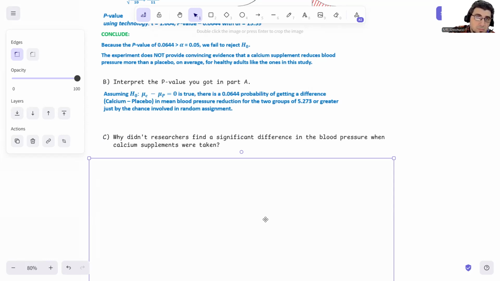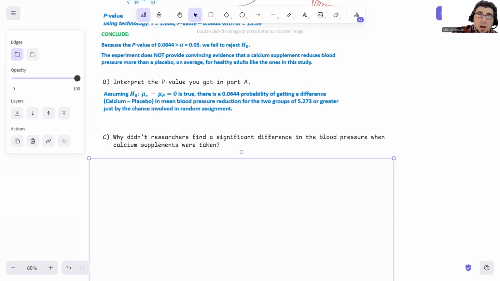While that does seem like a fairly large difference, because we had small group sizes of only 10 and 11, that difference wasn't large enough to provide convincing evidence in favor of the alternative hypothesis.